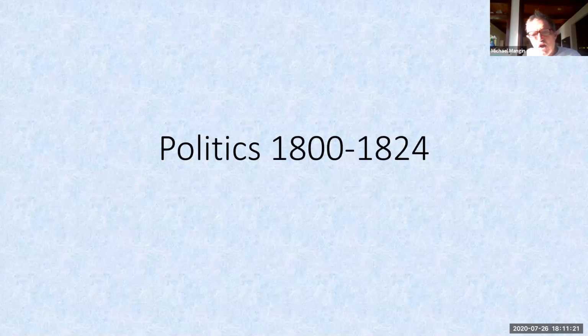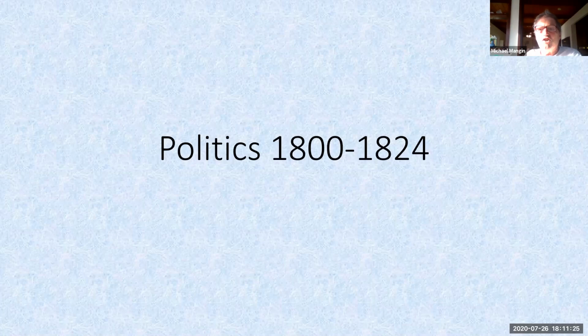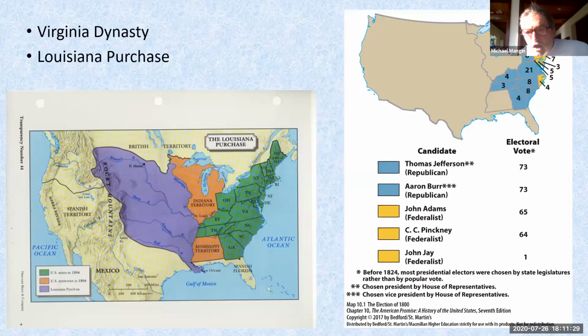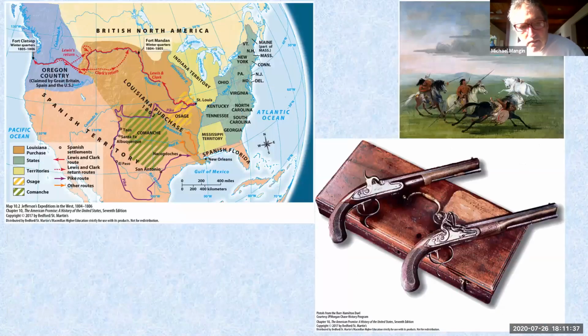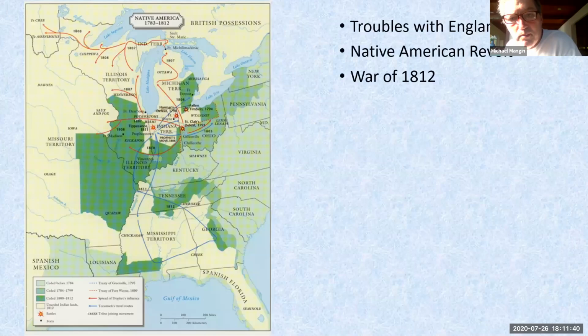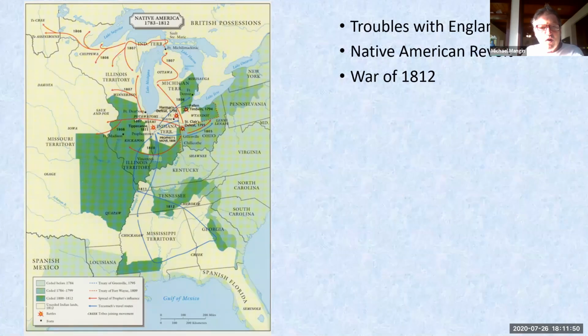So we're going to talk about politics from 1800 to 1824. We're going to talk about the Virginia dynasty of presidents, the Louisiana Purchase, the ongoing troubles with Native Americans and the English on the high seas that lead to the War of 1812.